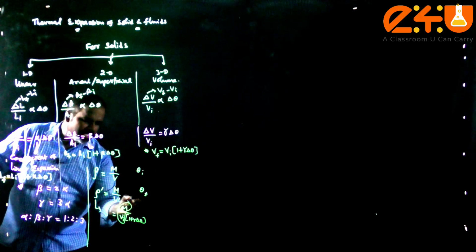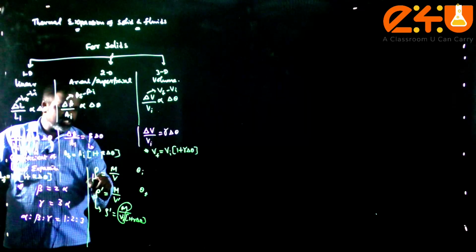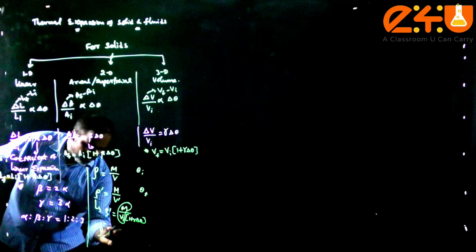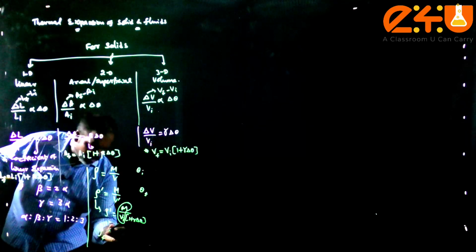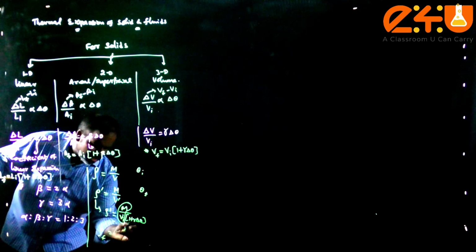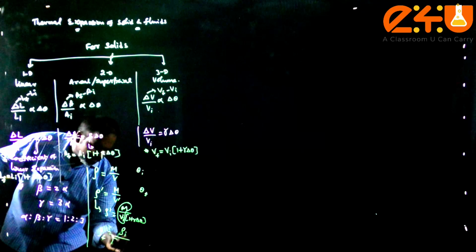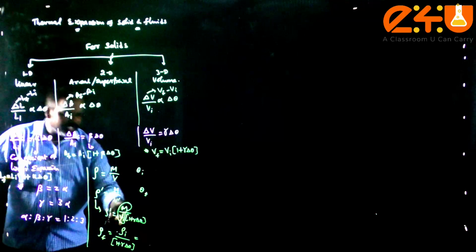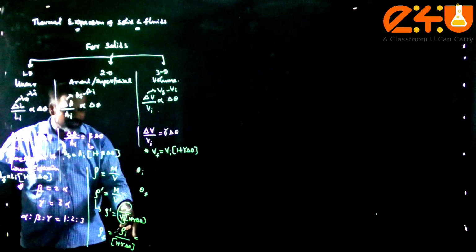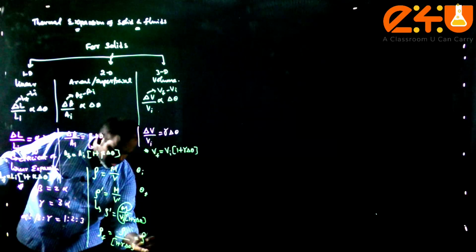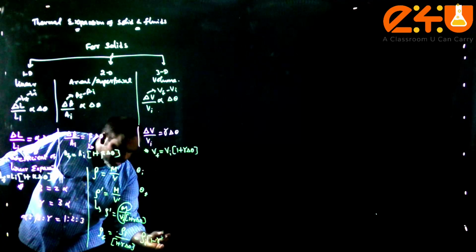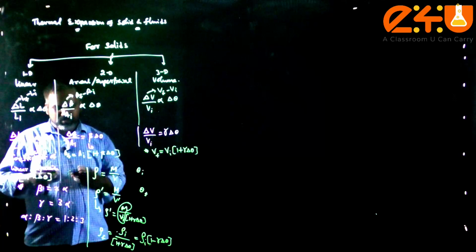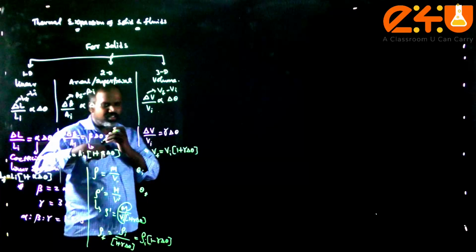But this mass by initial volume is nothing but the initial density. Therefore, I can write rho final or rho dash, you can use any notation, is equal to rho initial divided by 1 plus gamma into delta theta. Or if you take this to the numerator and use binomial expansion, we can write rho initial into 1 minus gamma into delta theta. So these are some important results to explain this concept.